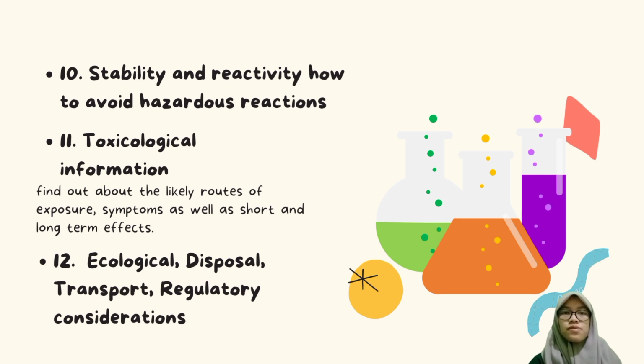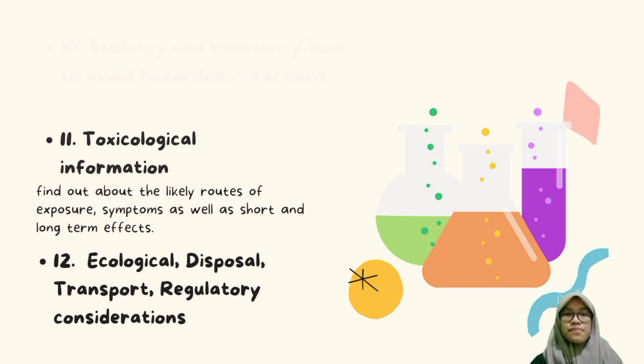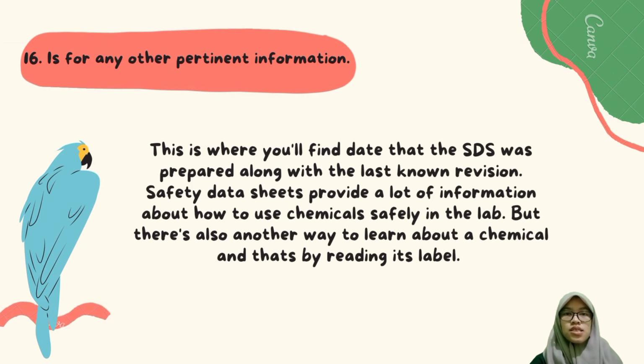Sections 12 to 16 are not mandatory, but you should at least be familiar with them: ecological, disposal, transport, and regulatory considerations. Then Section 16 is for any other pertinent information.